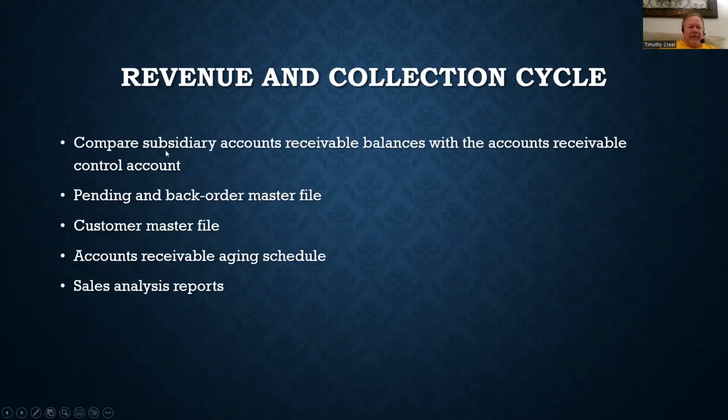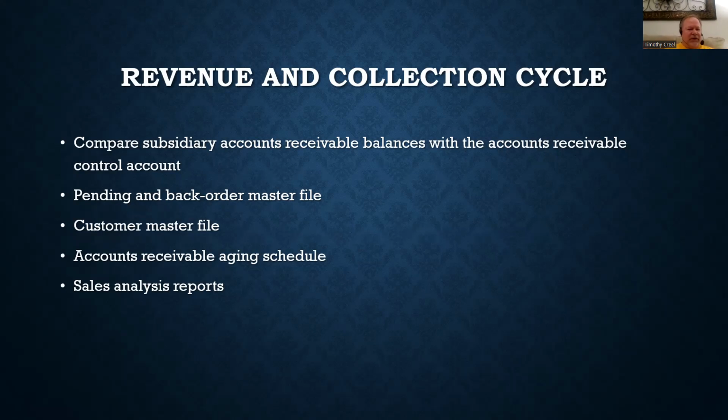So, a couple of things to talk about here within this cycle is you want to compare the subsidiary accounts receivable balances with the accounts receivable control account. Now, the control account is the total accounts receivable. This is what's going to show like on the balance sheet. Remember, accounts receivable is a current asset on the balance sheet.